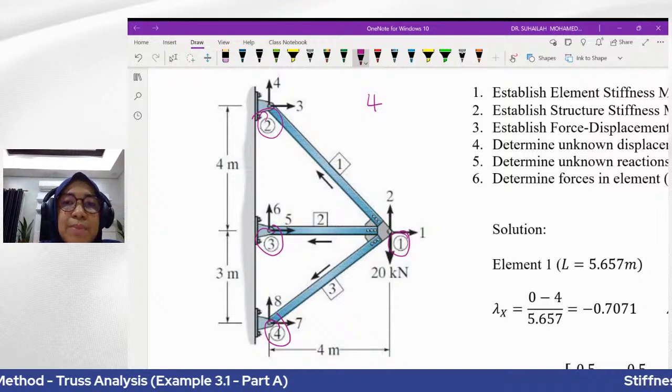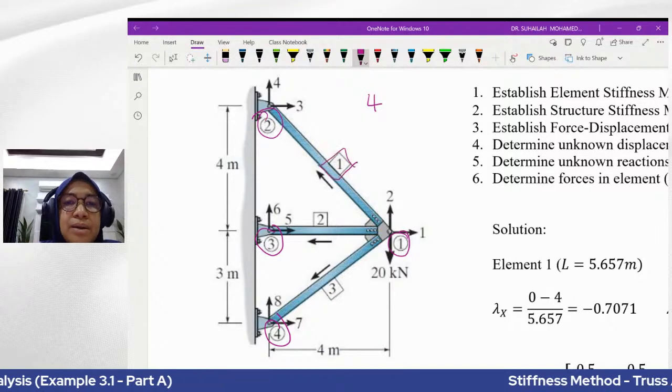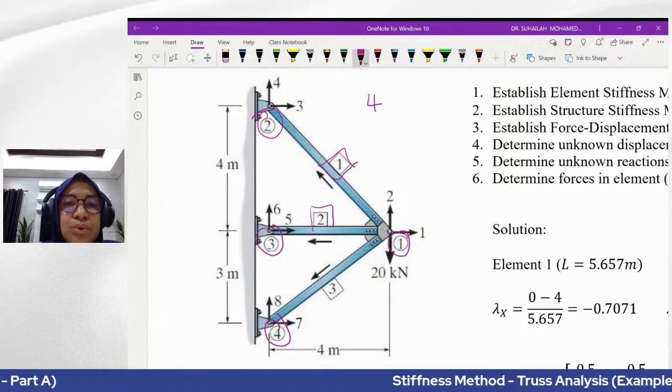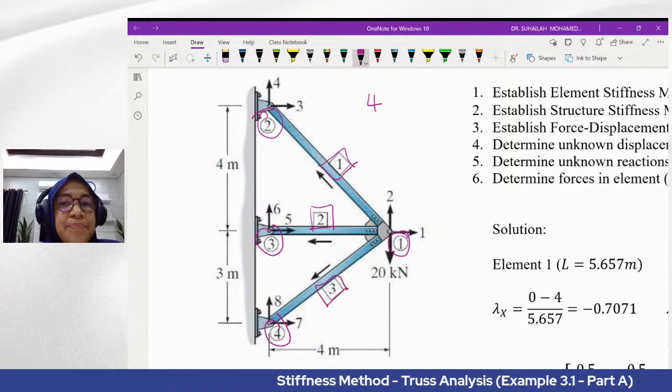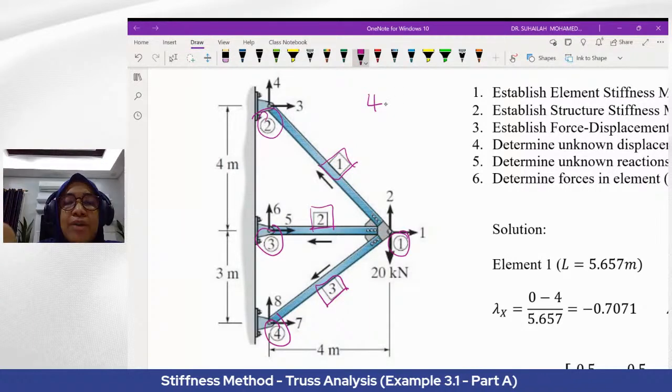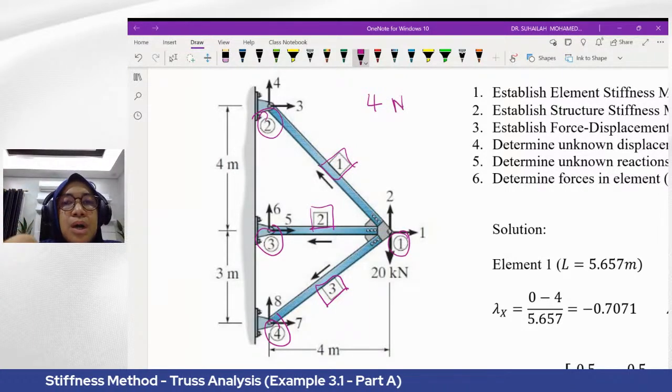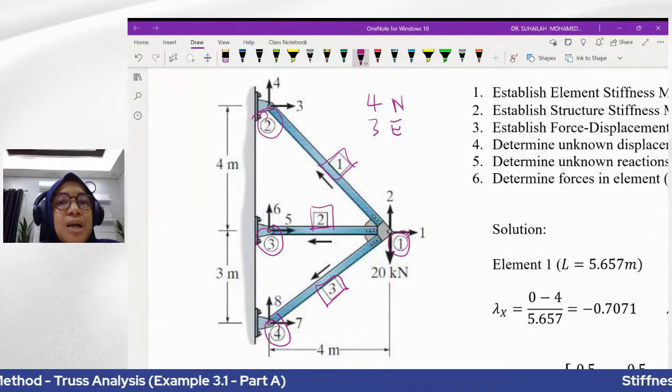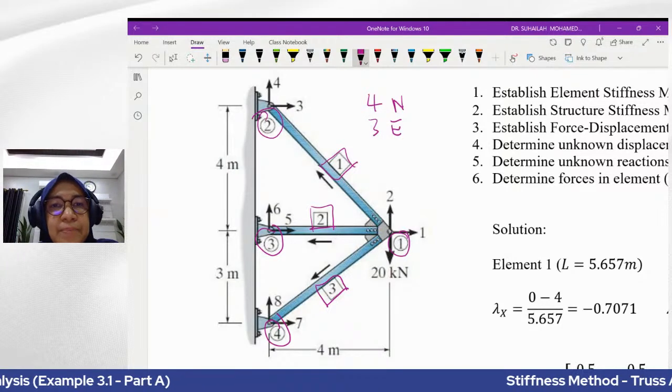So there are three elements. So we have element one here, element two, and element three. Okay, so we have four nodes and three elements.